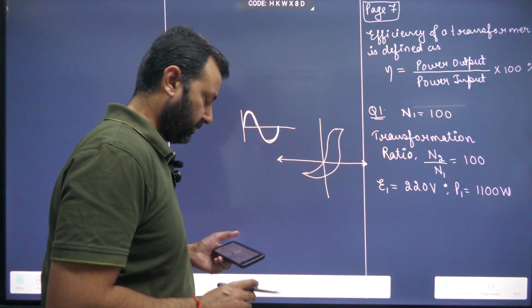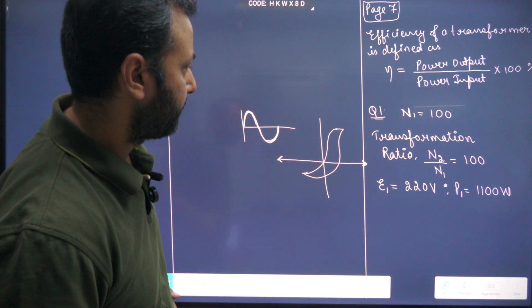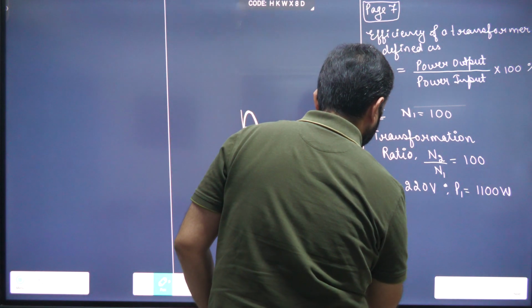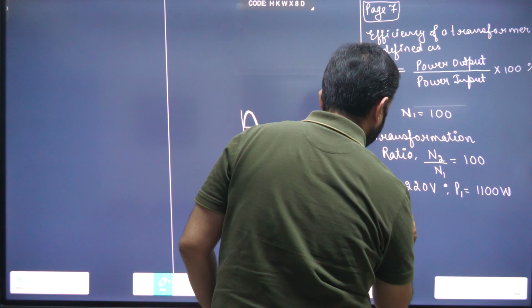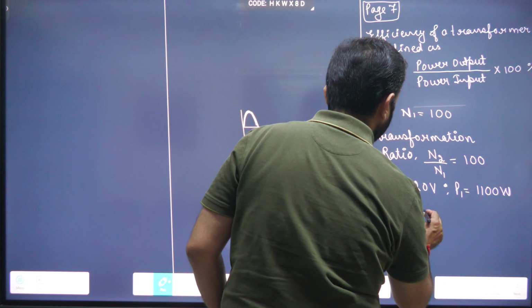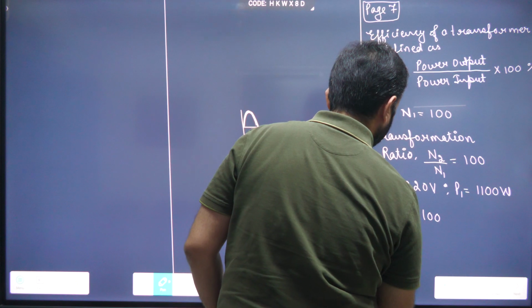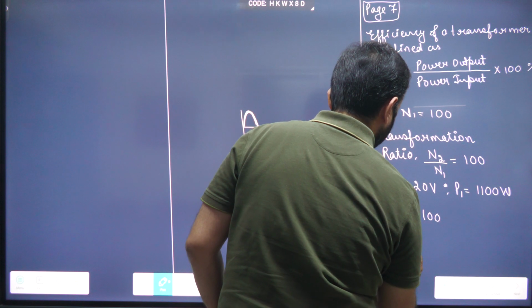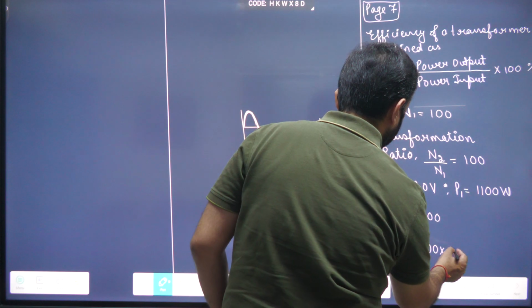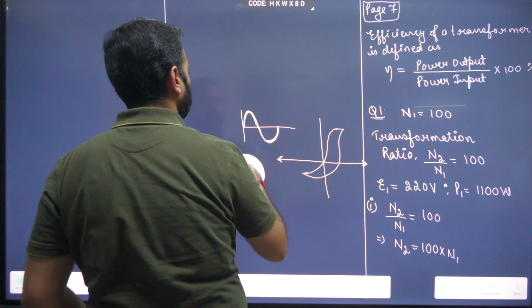Calculate, first part, the number of turns in the secondary. In the first part they are asking for the number of turns in the secondary, N2. N2 upon N1 is equal to 100. It implies that N2 is equal to 100 multiplied by N1.